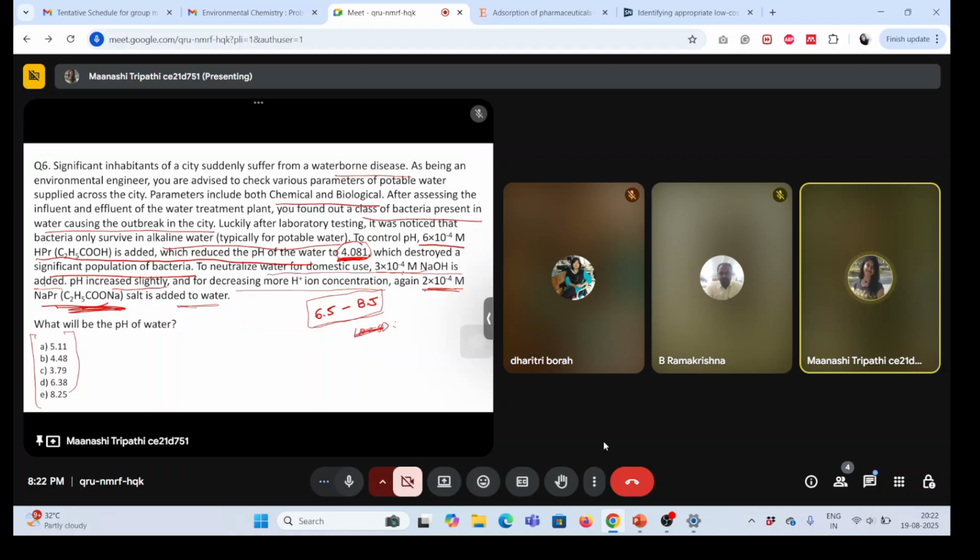Visual Minteq can be used after preparing the tableau and all. Try to solve this one.